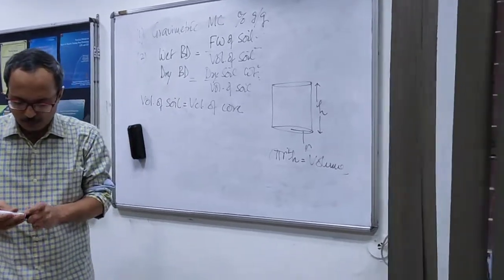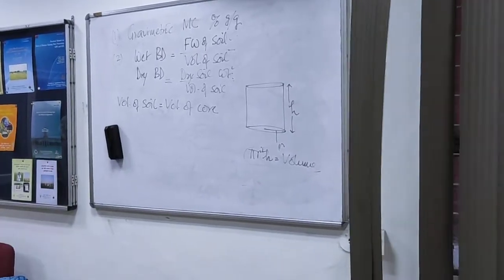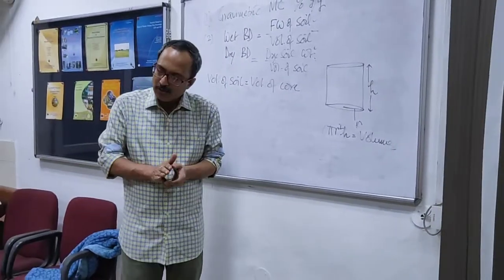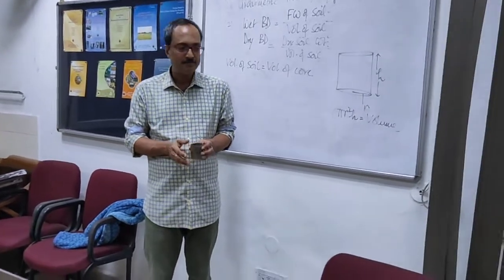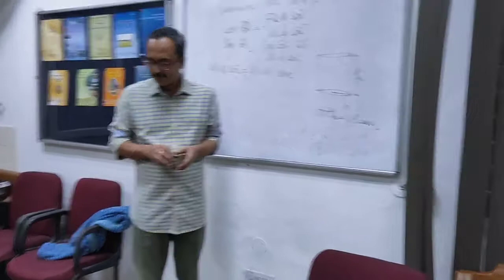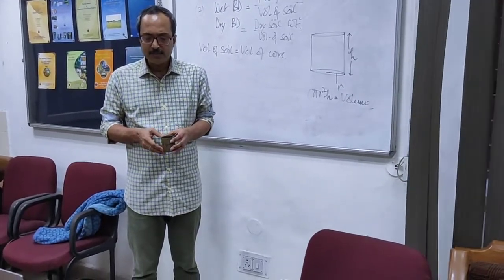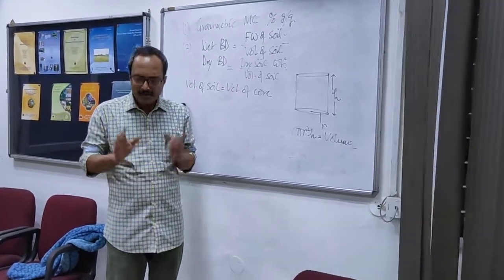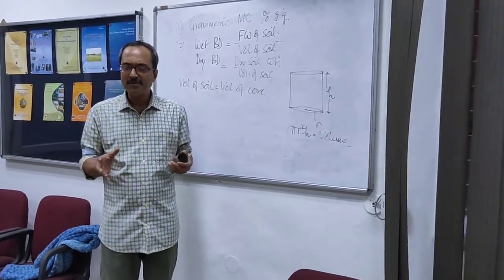I am just putting the things in proper perspective. The important point is that I am taking this core, this is an empty core. The best way is to take very specific measurements. You can use the vernier caliper, but that may not be available in all cases, so I am giving you a very easy way.